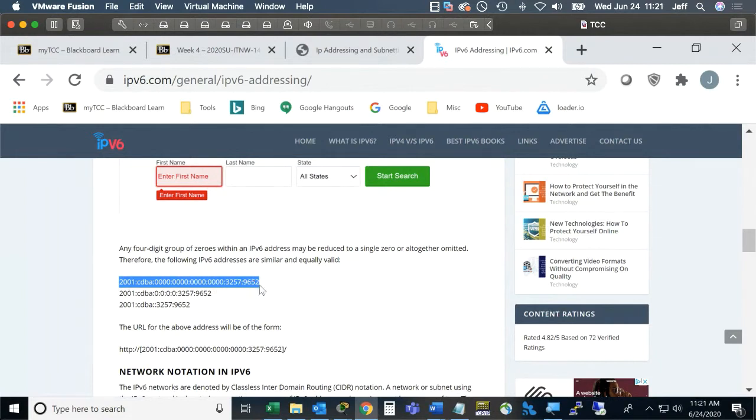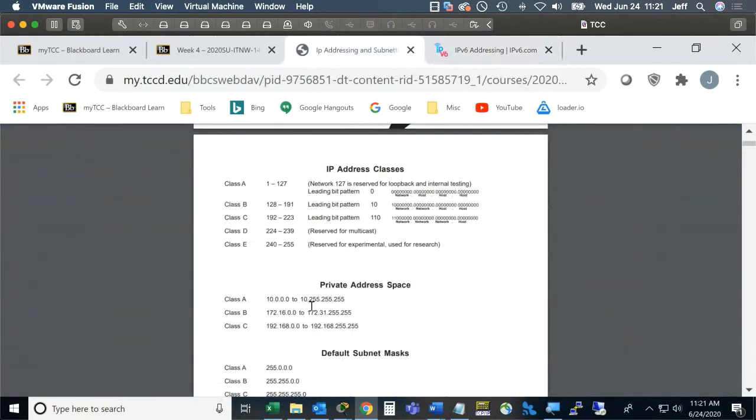It's 128 bits long, whereas IPv4 is 4 numbers between 0 and 255.